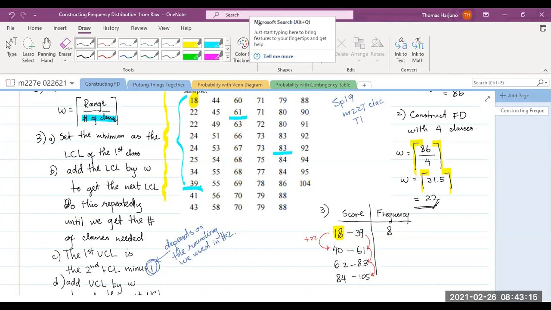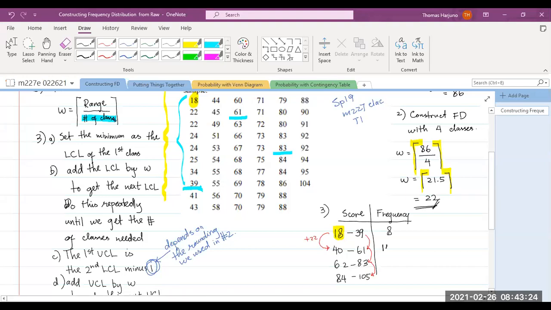I don't know how many of you are actually working together with me. Yeah, 14. Okay, thank you. Now, how about from 62 to 83? I know each column is 10, right? So from here to here is 10, to here is 20. So there will be 23. That would be 23 for the third class. And then the last class will be, I believe that's 13. Okay, thank you.